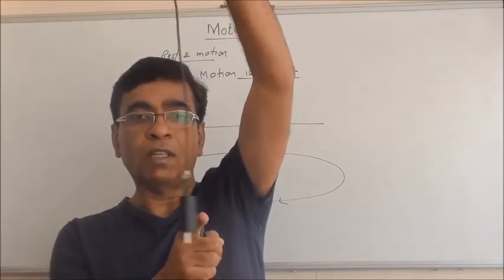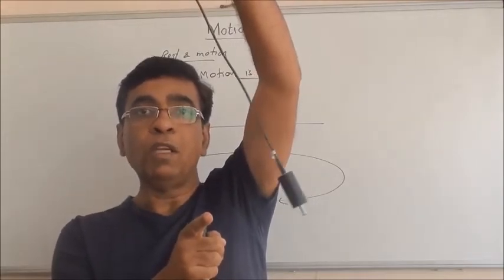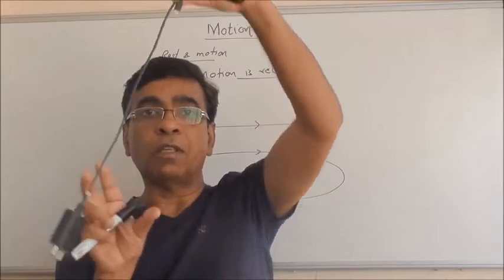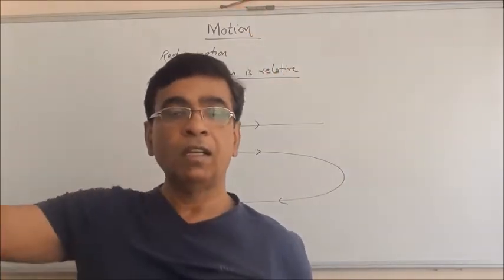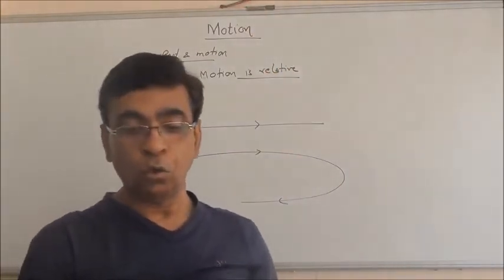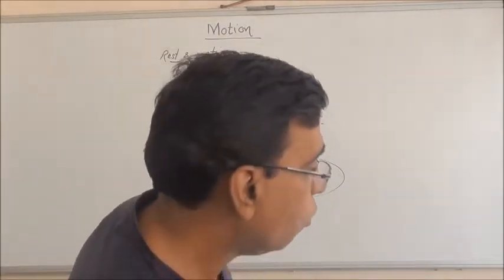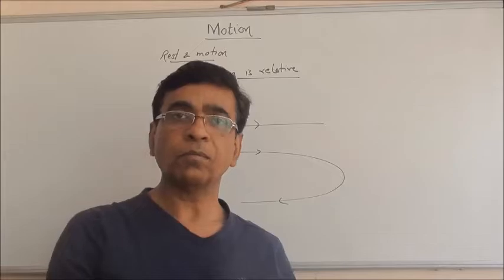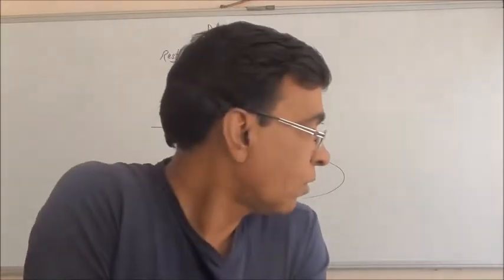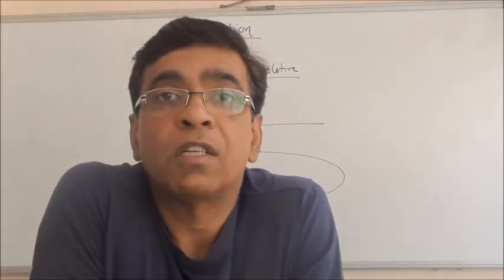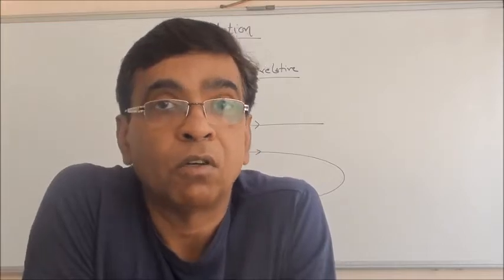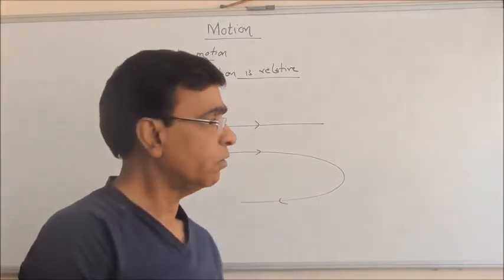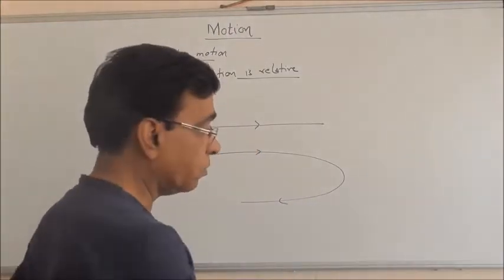Wherever my finger is, it can be called a mean position or central position. It goes on one side and then on the other side. To and fro about a position, which is called the mean position. So we call it oscillatory motion. Translational, rotational and oscillatory are the major types of classification.